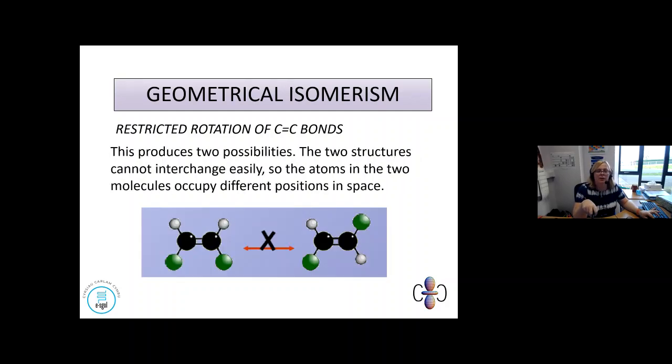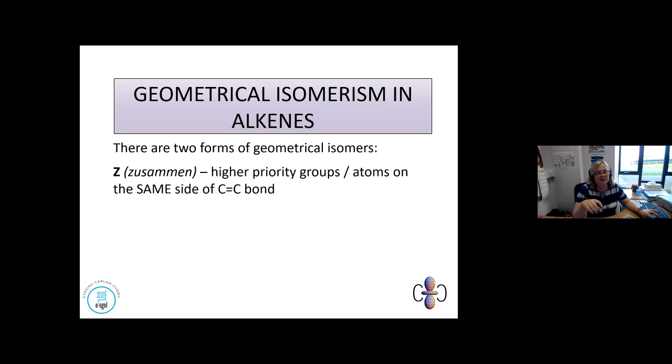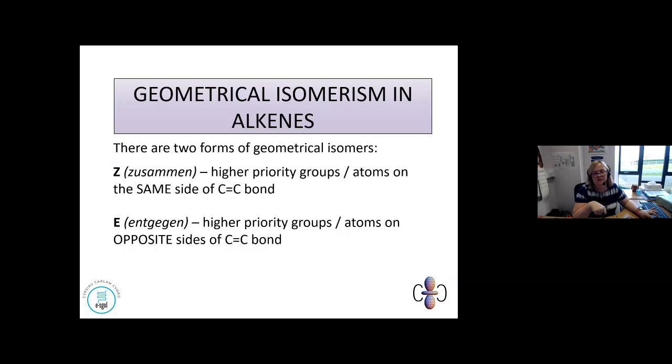Okay, so in this sense, for geometric isomers, there are rules for you to be able to represent them. Z, you don't need to remember the German words, I'm glad to say. So Z means that the high priority groups' atoms are on the same side, and E means they're on opposite sides of the C=C double bond.